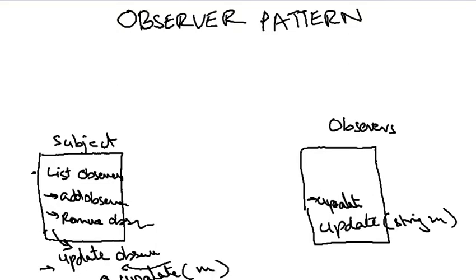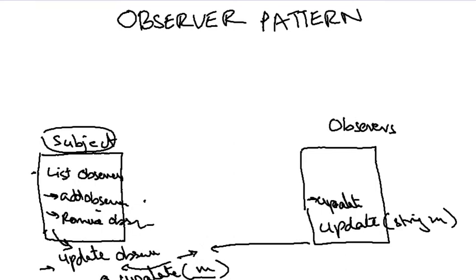So whenever we loop over the list of observers inside our subject class, we call the update function of the observers and pass our updated message.